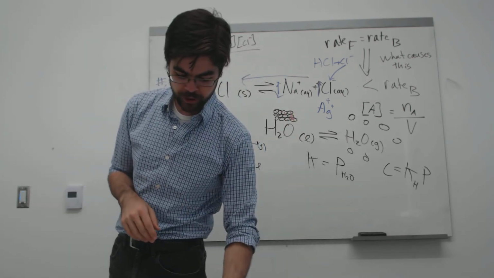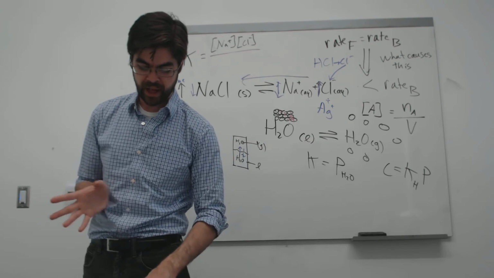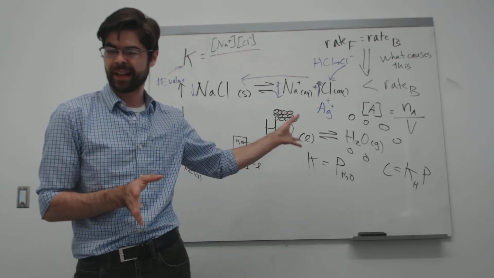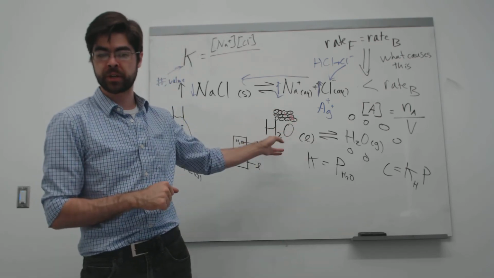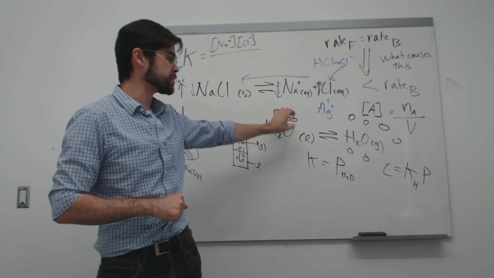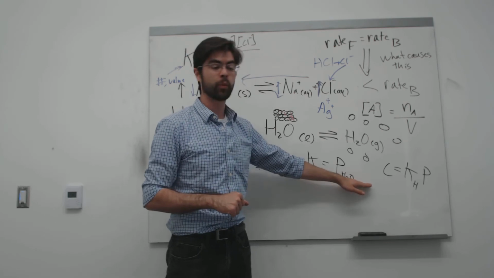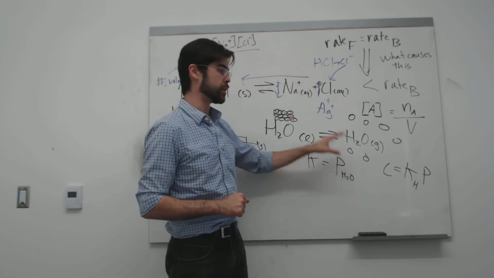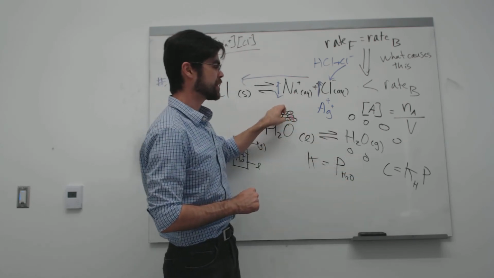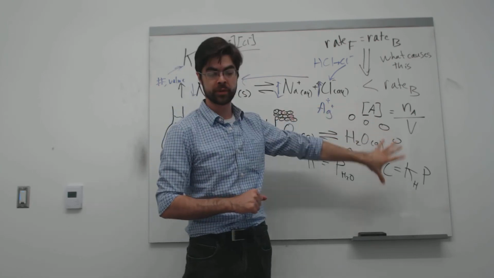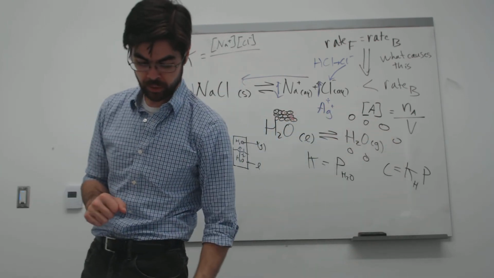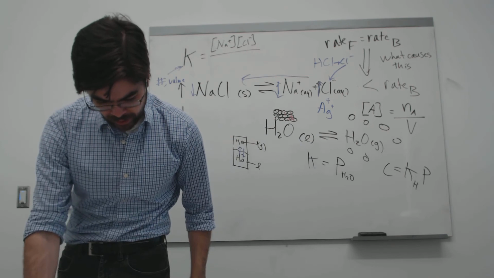Stronger intermolecular forces, stronger bonds, well, not necessarily the higher the equilibrium constant. In this particular case, the stronger the bonds, the lower the equilibrium constant. The equilibrium constant is, well, what's the pressure of water at equilibrium? If these bonds are really tight, they don't really want to separate from each other to go into the vapor phase. So the point is that, yes, they are related.